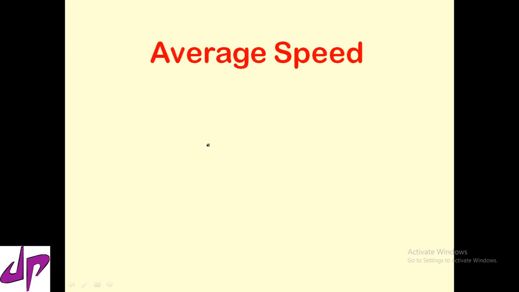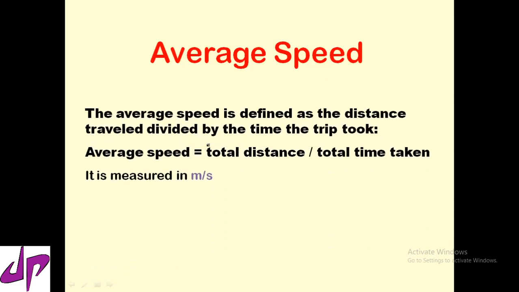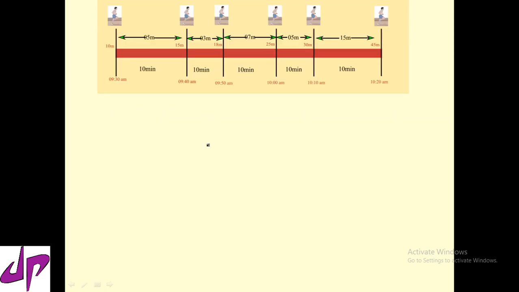Let's see another concept, average speed. Average speed is defined as the total distance by total time taken. Let's see an example here.